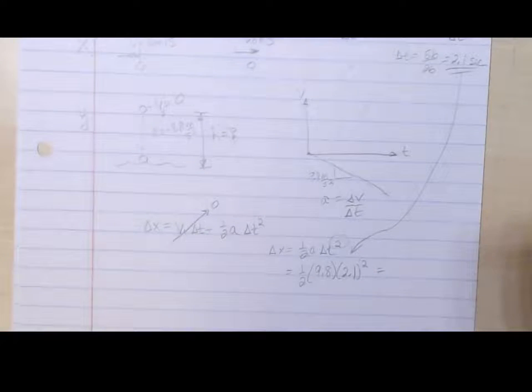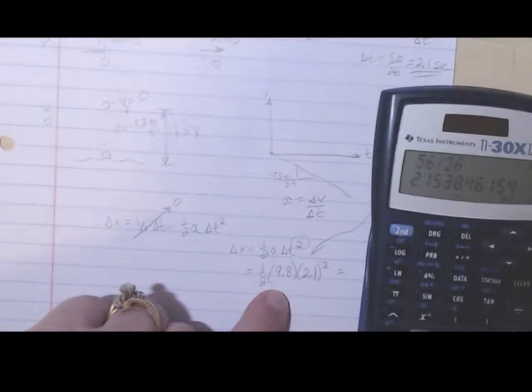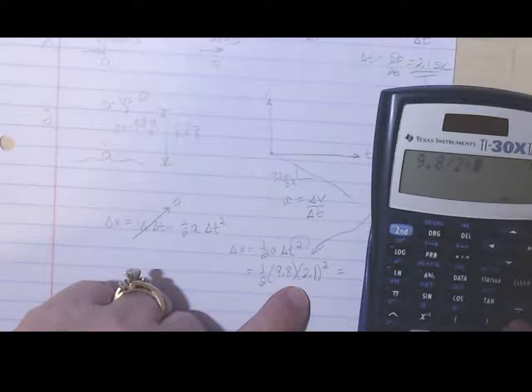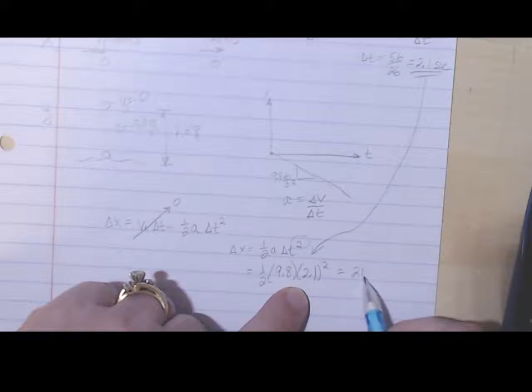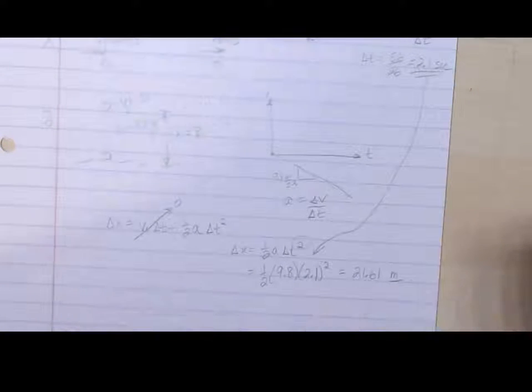And let's solve. 9.8 divided by 2 times 2.1 squared equals 21.61. So I get 21.61 meters.